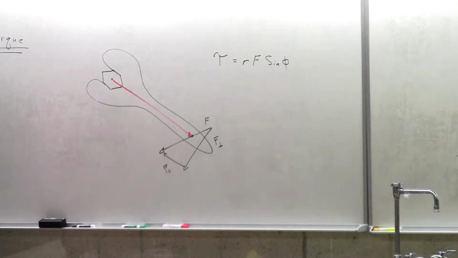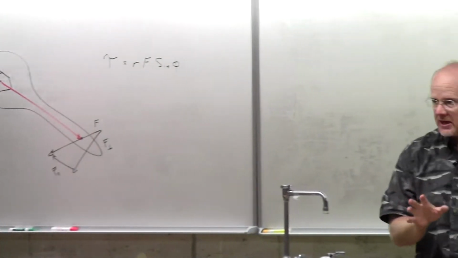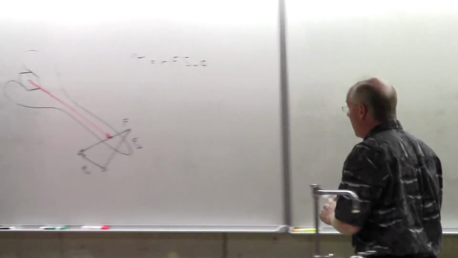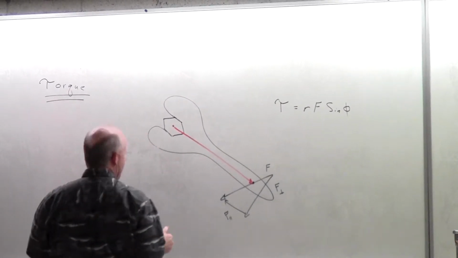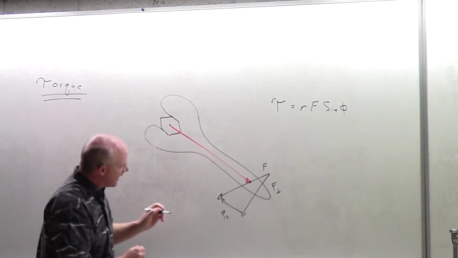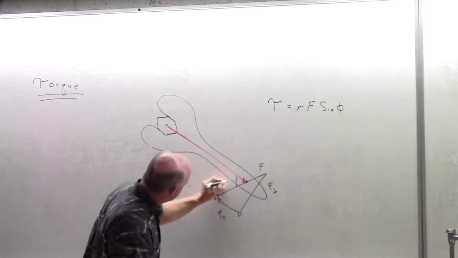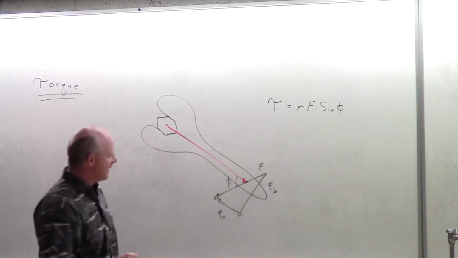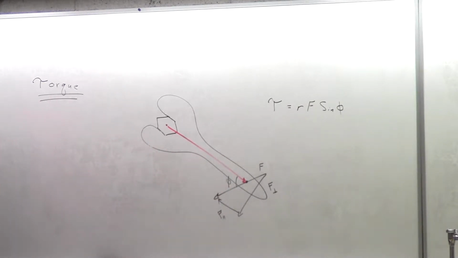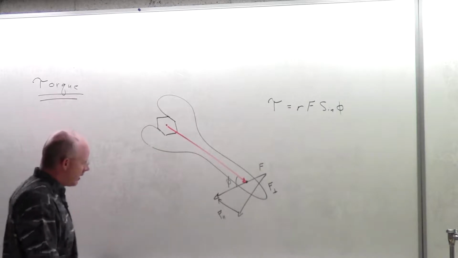It's actually a good choice to use a phi because theta we've been using for how much the object rotates, and so we don't confuse it. In other words, if this is my picture, then this angle here becomes the phi. What is the angle between the force and the lever arm, if you will?